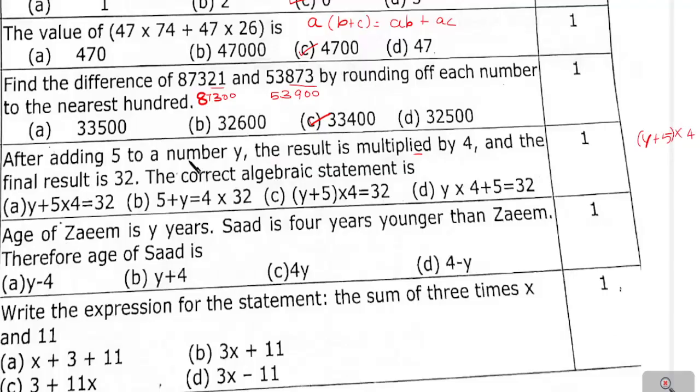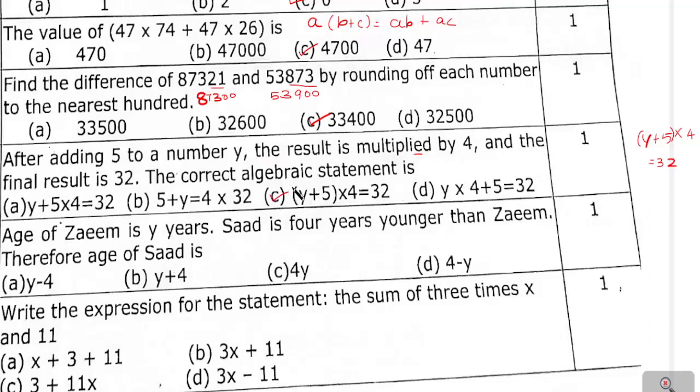And the final result is 32. So equal to 32. So after adding number 5 with y, the result is multiplied by 4. Then the result becomes 32. So here the answer is C.